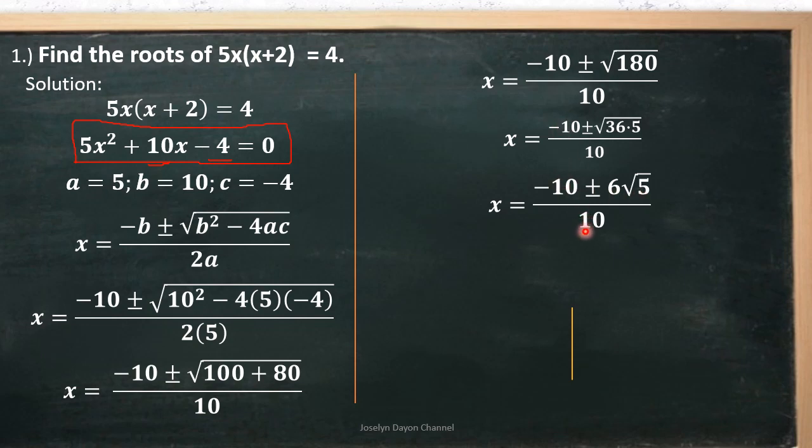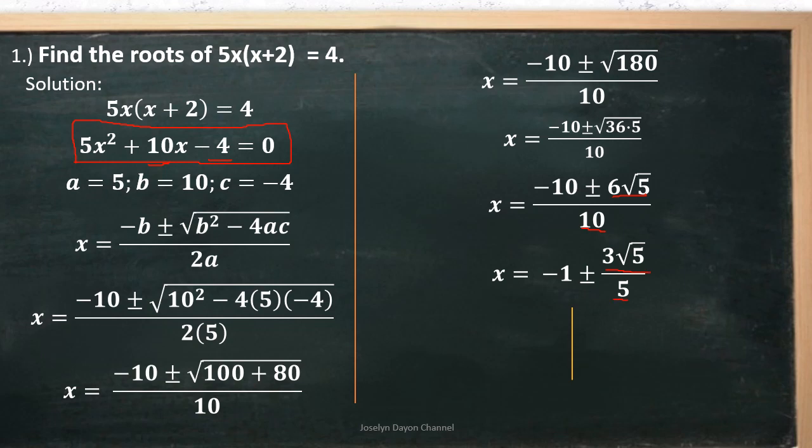Now we have to simplify further. So negative 10 divided by 10, that is equal to negative 1. And plus minus 6 square root of 5 divided by 10. The answer is plus minus 3 square root of 5 over 5. Why is that so?